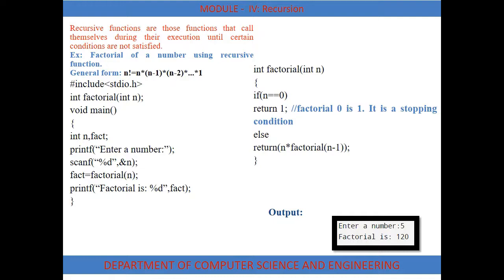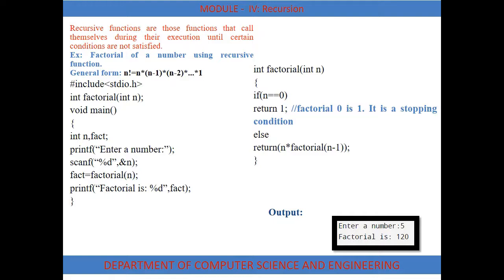That is 5 into factorial of 5 minus 1, that is factorial of 4. Here we are calling the function factorial again. So now this is the recursive function. The process of calling a function by itself is called recursion, and the function which calls itself is called a recursive function.